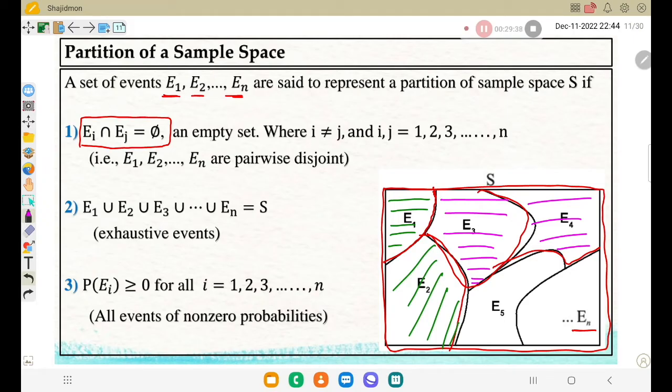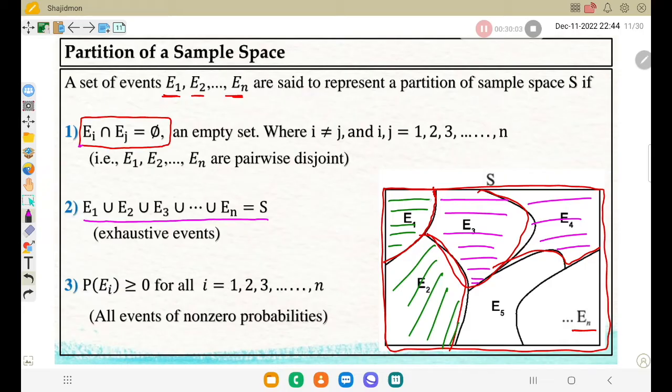So if you take any pair of events, E1, E2, or E2, E3, or E3, E4, or E1, E3, the intersection will always be empty. That is the meaning of Ei intersection Ej equal to phi, an empty set. This is the first condition to satisfy. And the second condition is that E1 union E2 union E3 union up to En should be the sample space.